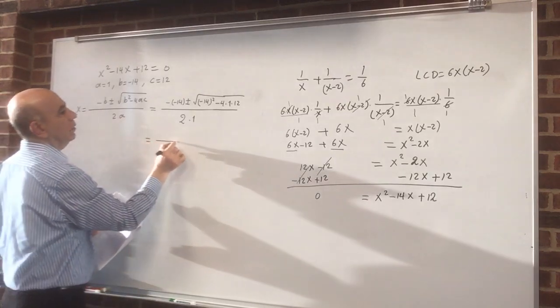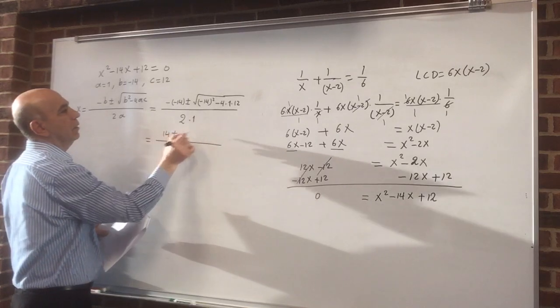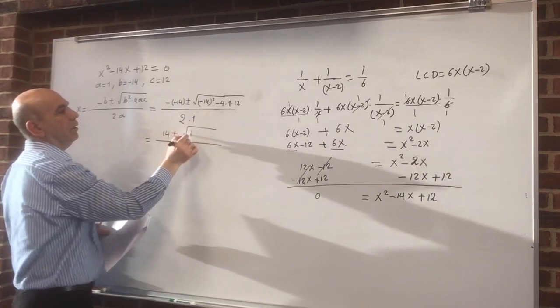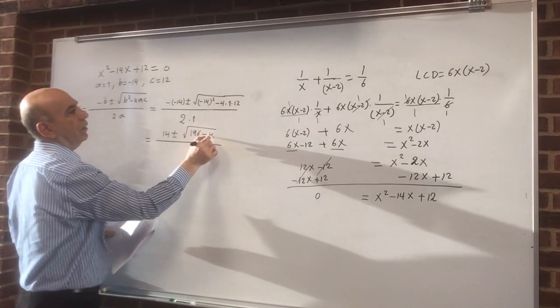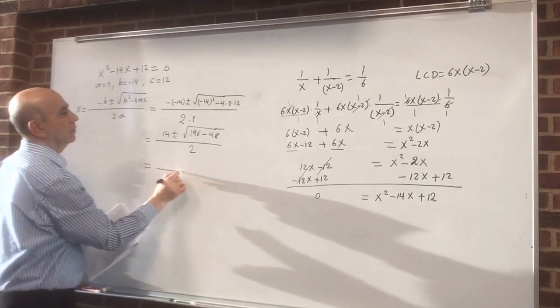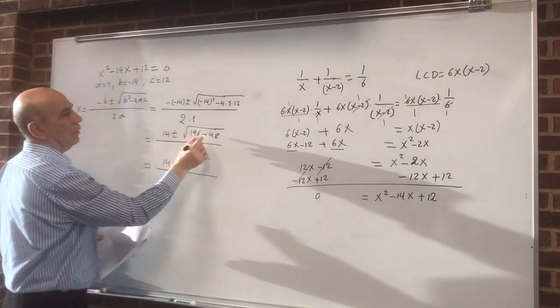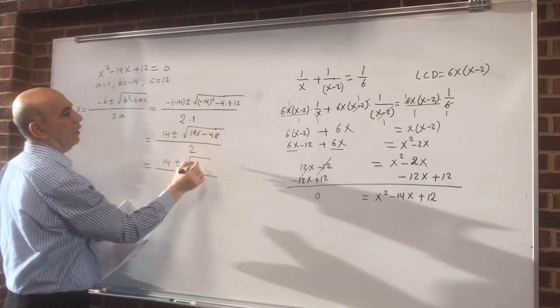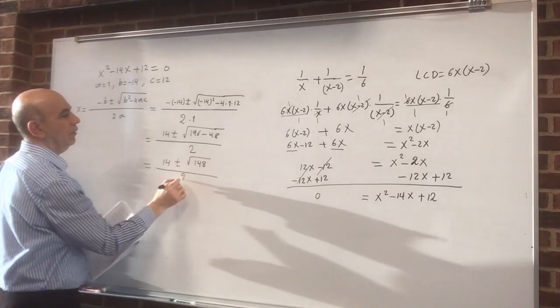Negative 14 squared is 196, and 4 times 12 is 48. So 196 minus 48 is 148, divided by 2.